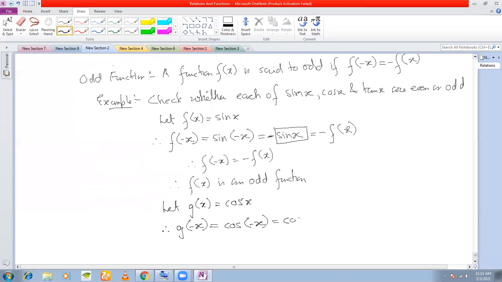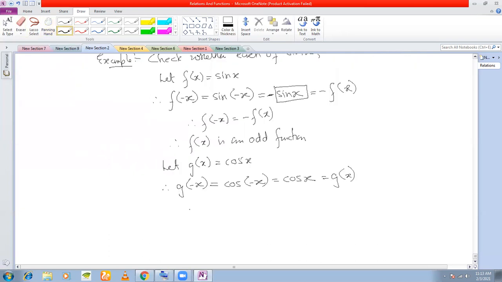So what are you getting? You are getting g(x), right? So what is it, even or odd? Even function. Hence, g(x) equal to cos x is an even function.